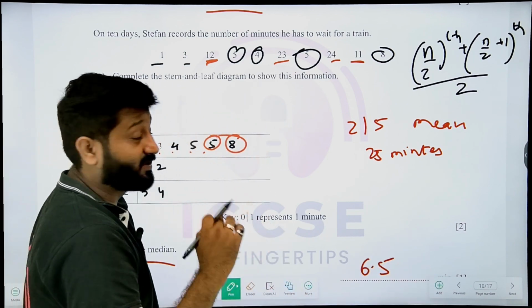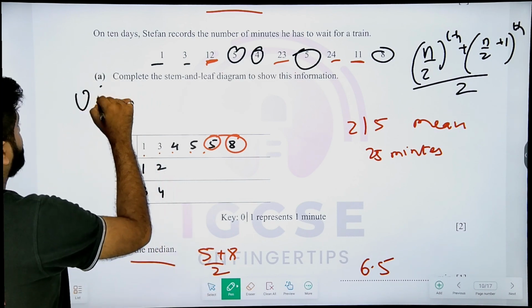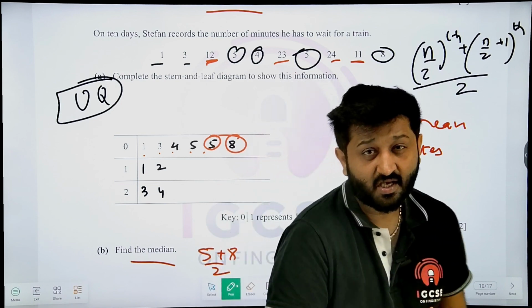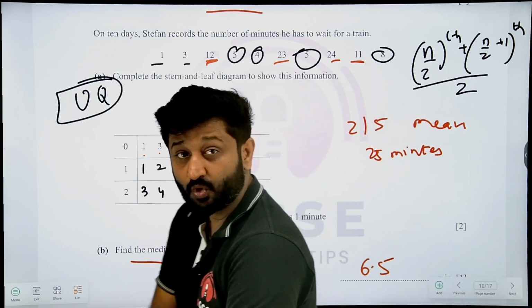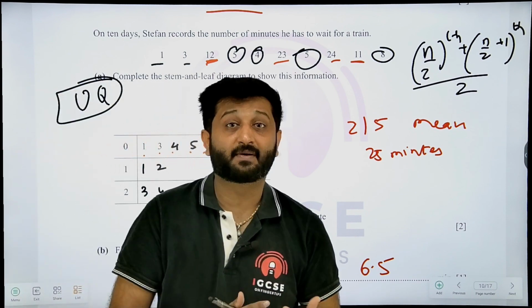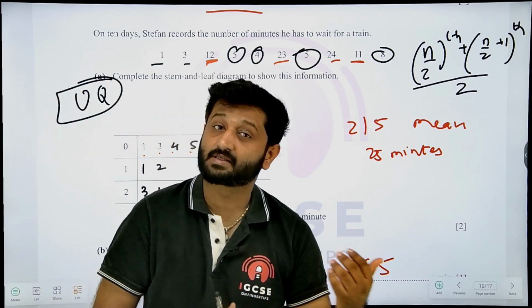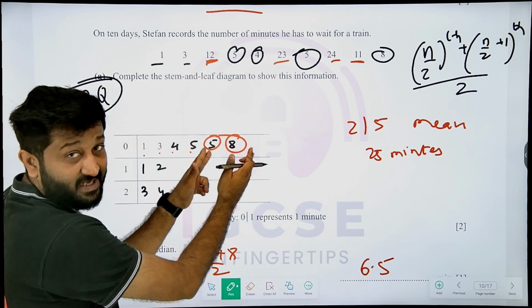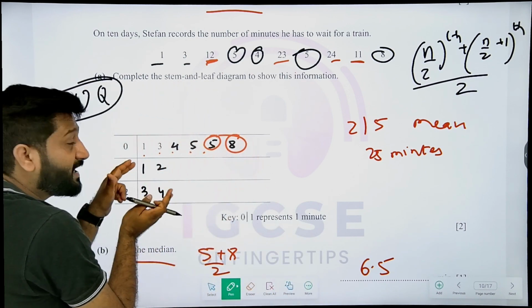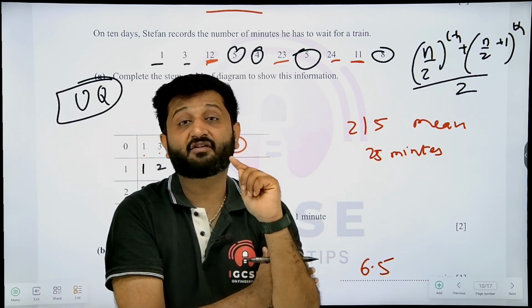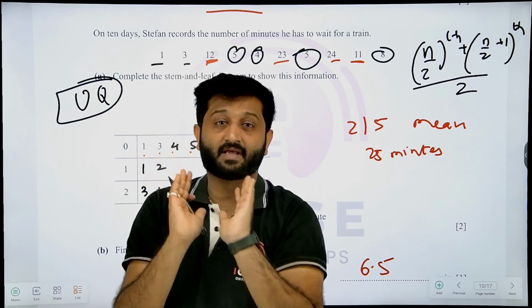Now guys, sometimes they also ask you to find the upper quartile. That has been asked in one of the papers. In order to find the upper quartile, let's say this is my median data. Now what does the upper quartile represent? Upper quartile represents the 75th percentile. As I have already found the median first, I'll take the median of the data above the median, right?